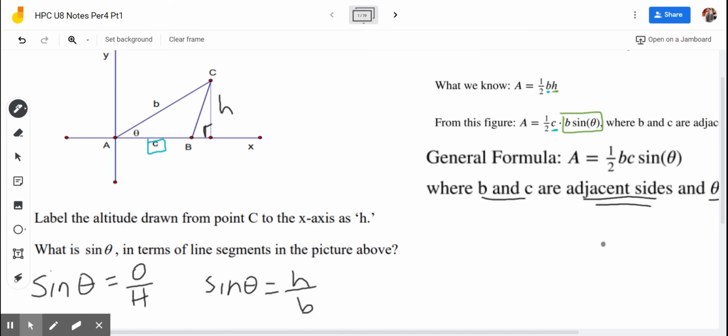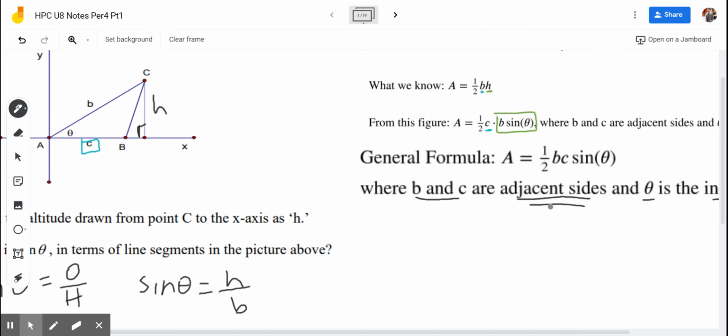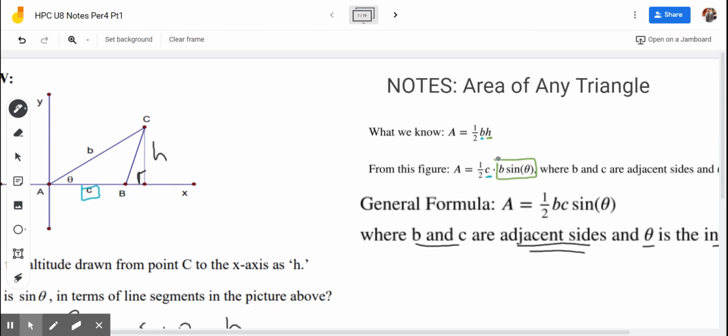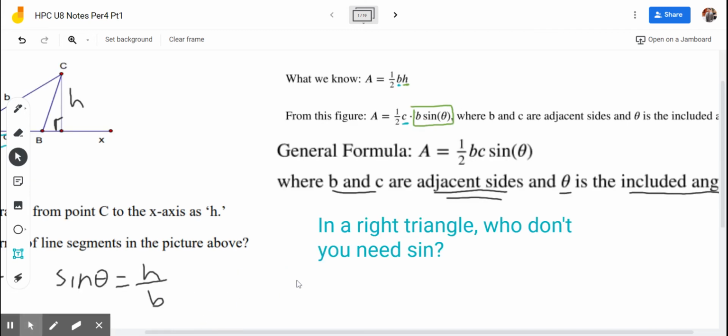So now if we recall the area of a triangle that we know, 1/2 base times height, why don't we need to account for sine of theta? Take a second to think about that.